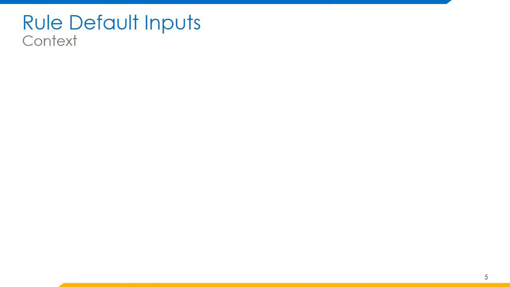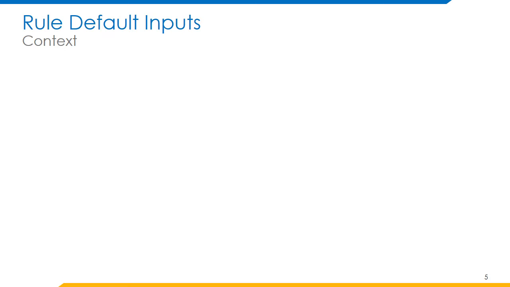The next common input parameter to all the rules is context. Context represents the present SailPoint context in which the rule is run.